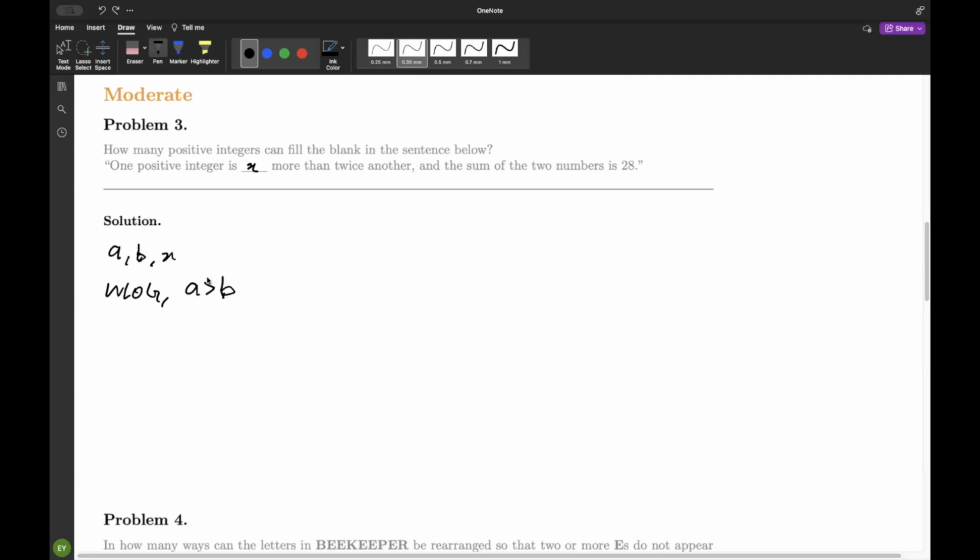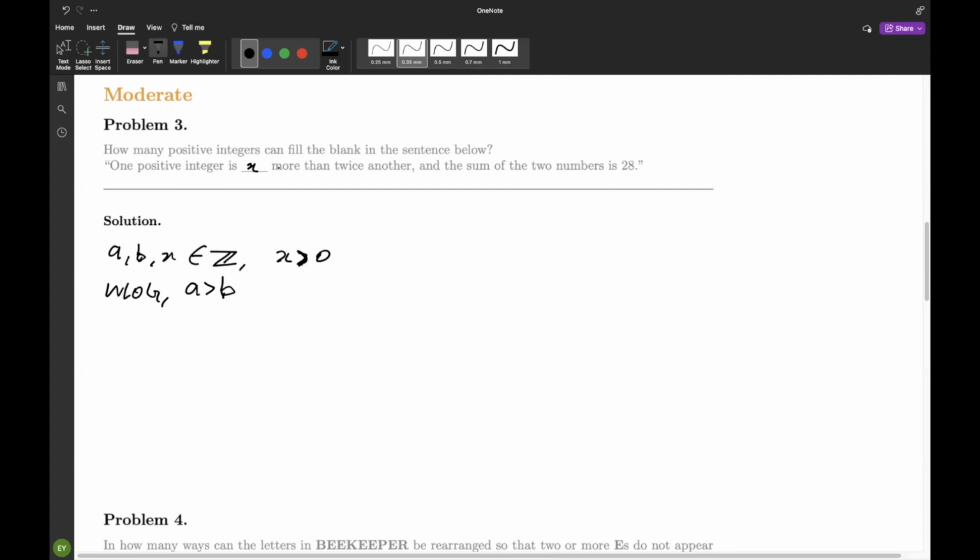Now one integer, and that is a, is x more than twice the other. Wait, actually, I will just write it like this. So this is just greater, not greater than or equal to. Let's write our equation.